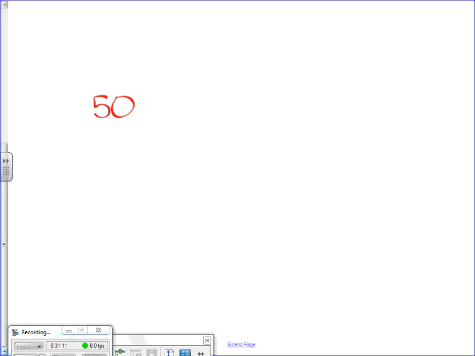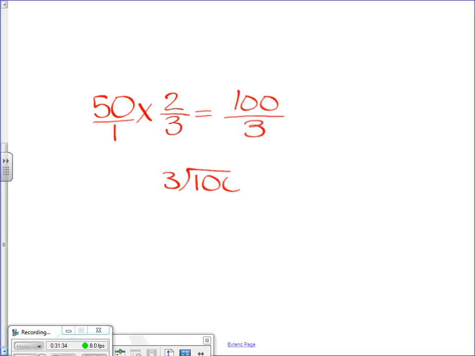You do not subtract that part. Multiply 50 by 2/3, 2/3 of the soil.